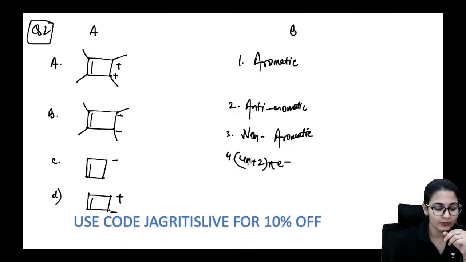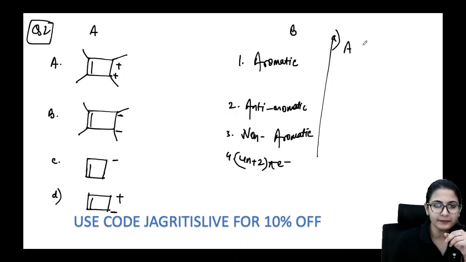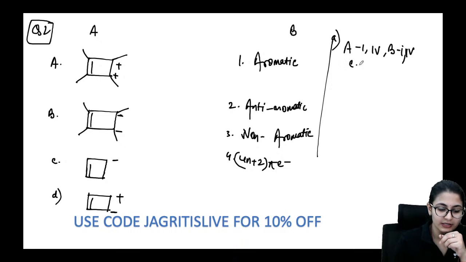Alright, so the options go like this. First option: A matches with 1 and 4. B matches with 1 and 4. C matches with 3. D matches with 2.